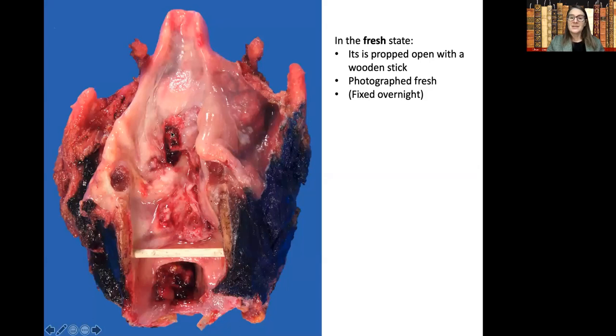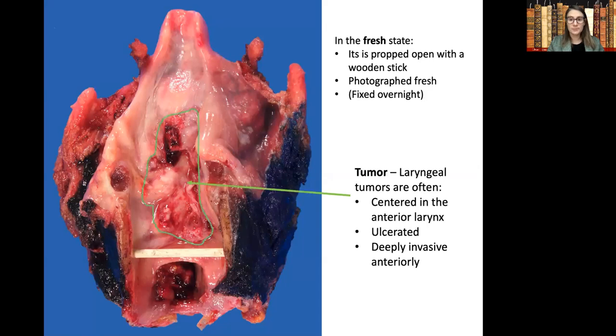In cases where tissue is not needed for tissue banking, I do recommend that these get fixed overnight because sometimes the tumor can be large and boggy, and it is easier to cut in the fixed state. However, fresh sectioning is also appropriate if that is what's requested at your institution.